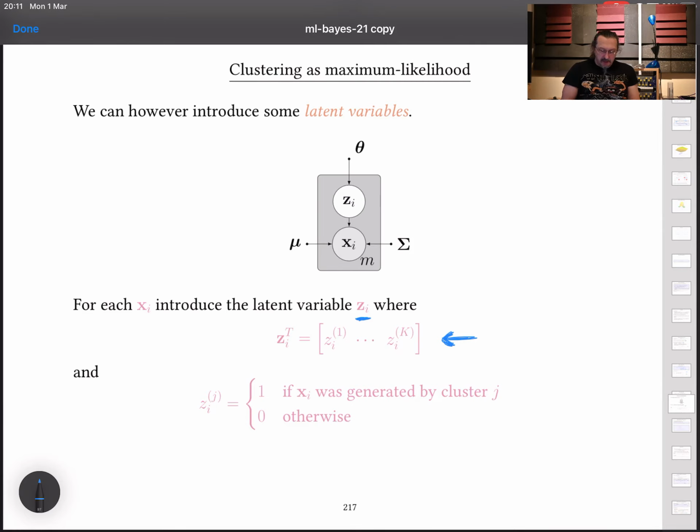So the ij element in one of these vectors is 1 if the ith data point was generated by the jth cluster, and 0 otherwise. These simply tell you, or would tell you if you could observe them, which cluster generated which of the ith x's.